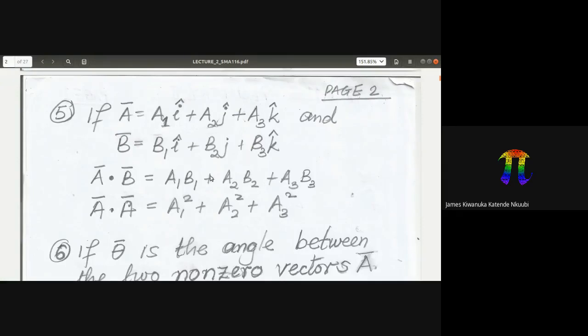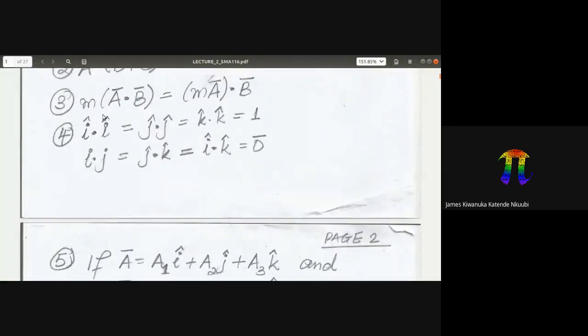So we can just write them out in terms of i, j, and k, then proceed to get the dot product, because we know how the dot products of i with itself, j with itself, or i, j, and k with each other behave from this previous property.